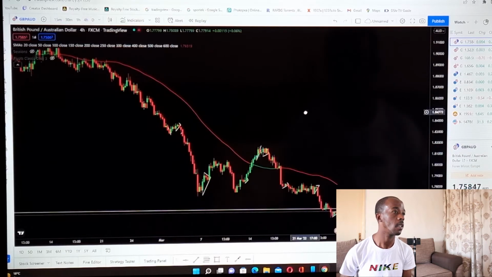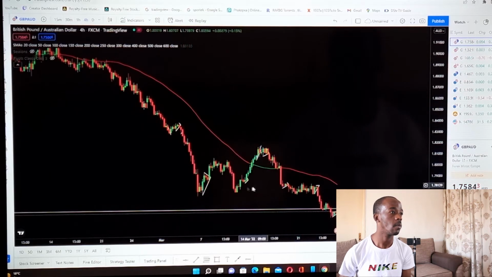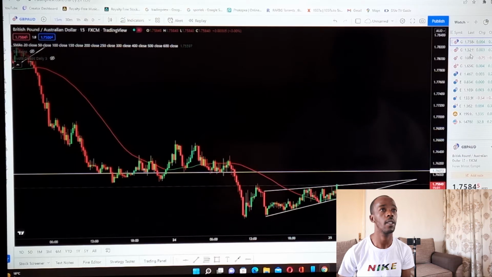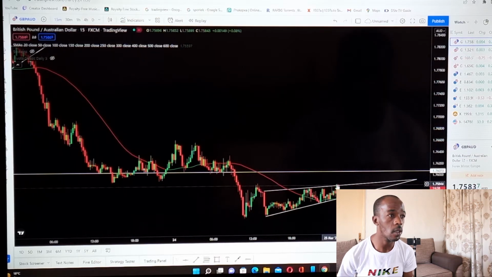And let me see the price action. So the price action, it was a double bottom here, and it went up on daily and 4 hour, it doesn't give me a sign for price action. Then you see the candlestick just closed above the trend line, so this is where I will go for buy.